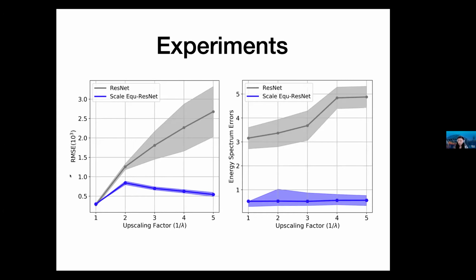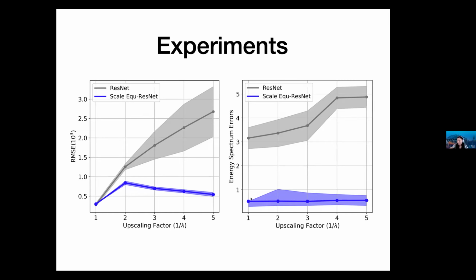So this left plot is the forecasting RMSE, which only measures the forecasting accuracy in terms of point-wise velocity field error. And the right plot is a physics-based metric called energy spectrum error. This measures the physical consistency of the forecasts. It looks at different energy cascades in the forecast turbulence.